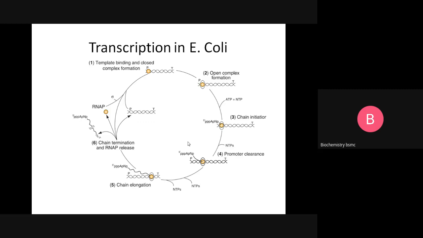So we discussed all these one after another, but again we just recapitulate: template binding and closed complex formation, open complex formation, chain initiation, promoter clearance, chain elongation, and chain termination, and RNA polymerase release. So this is in a nutshell the cycle of transcription in E. coli.